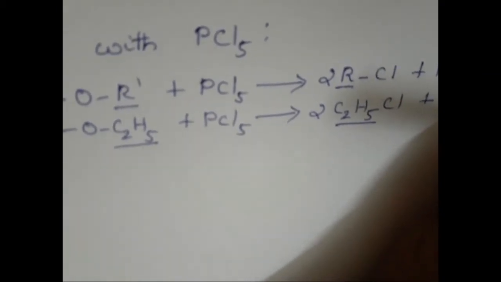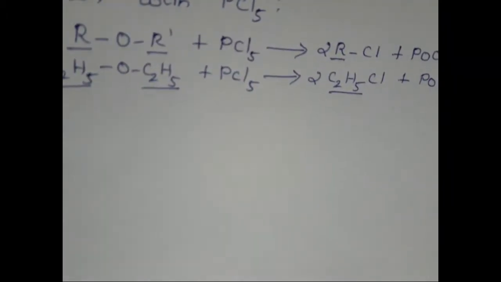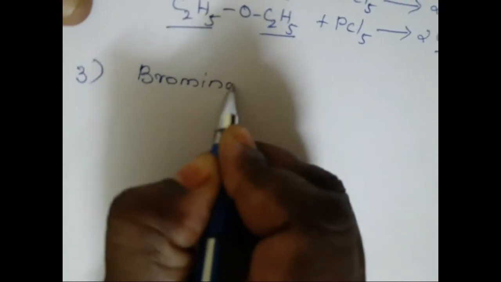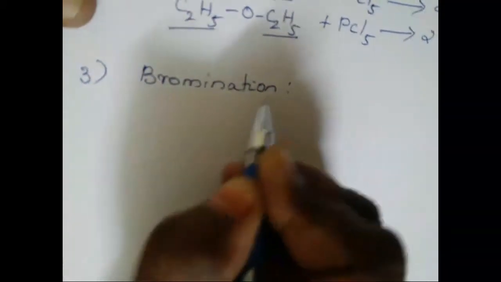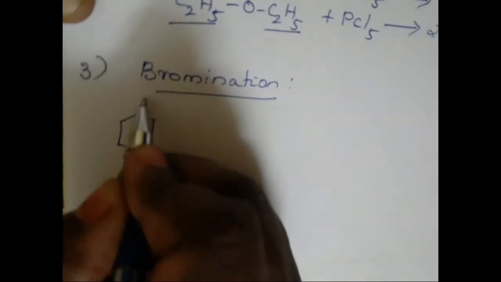Now we are going to see the reaction of aryl ethers with bromine. We are going to take aryl ether, that is bromination reaction. Anisole is an example for an aryl ether.